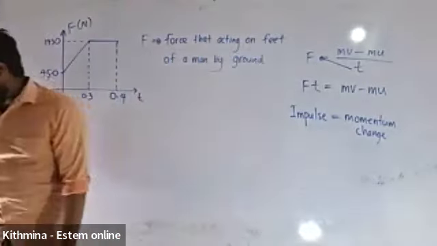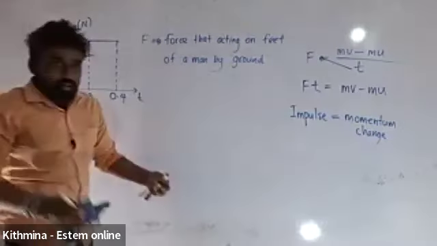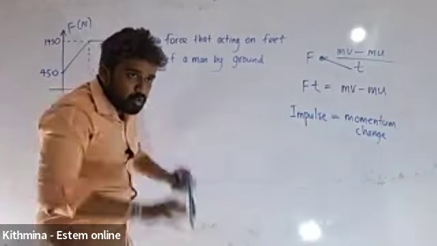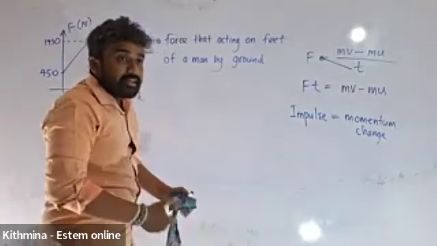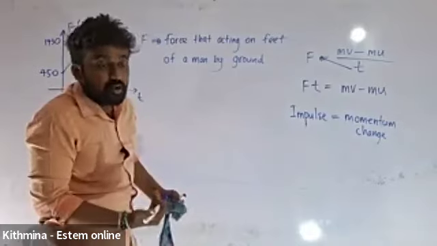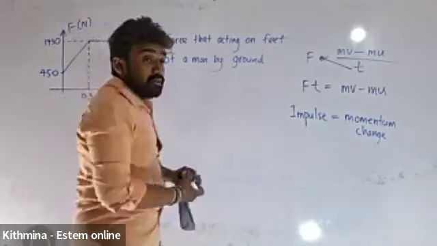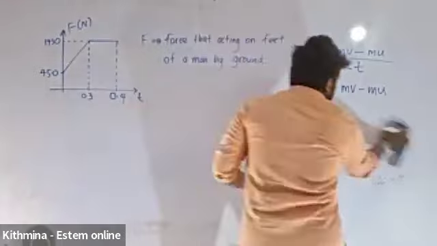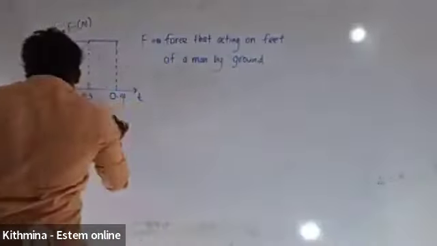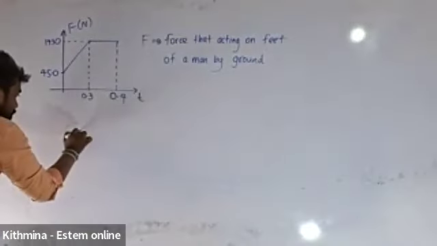When we are trying to jump, we push the ground and get some force from the ground on our feet. That is the way we jump up. There's a man here.